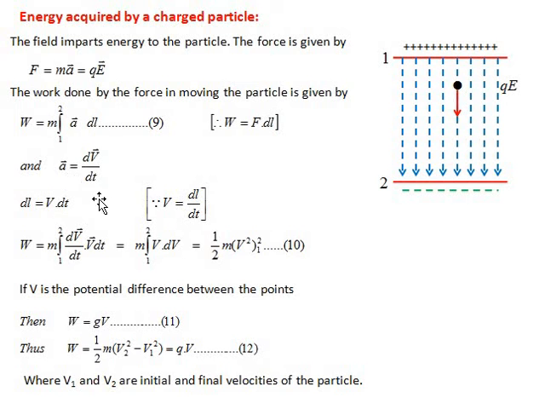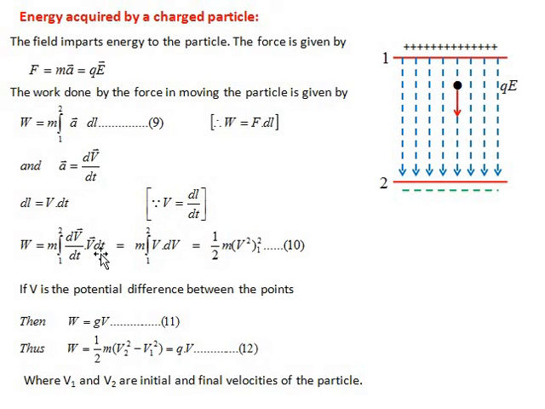Also acceleration is equal to the rate of change of velocity, and velocity is dl by dt, the rate of change of displacement. Therefore dl is equal to v into dt. We substitute these two values in equation number 9. So W is equal to m times the integral from 1 to 2 of a as dv by dt and dl as v dt.